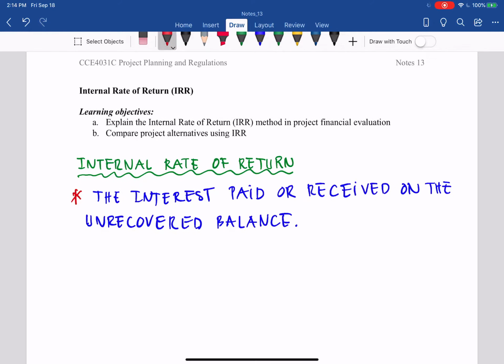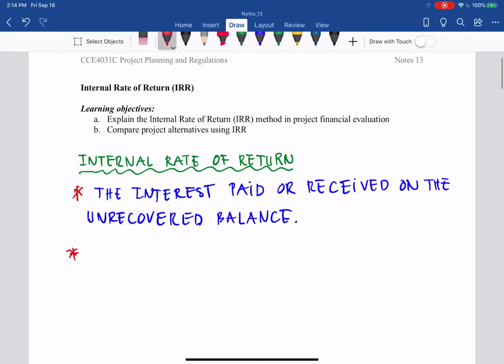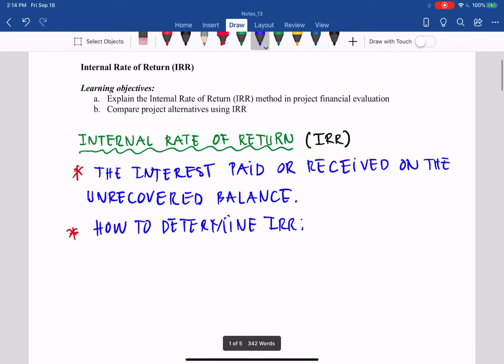How to determine IRR? How to determine? Basically, we set the net present value equation, where the unknown is the interest I, equal to 0.